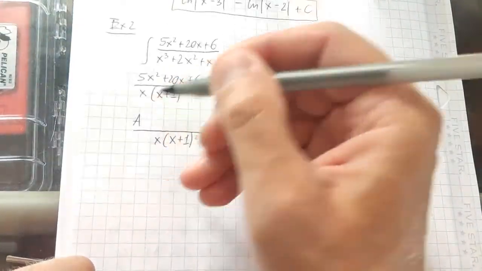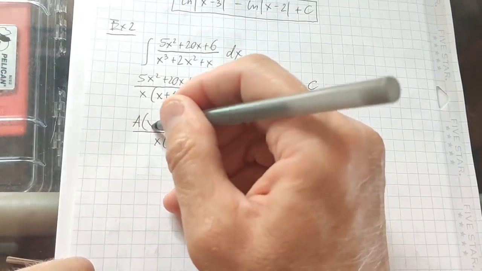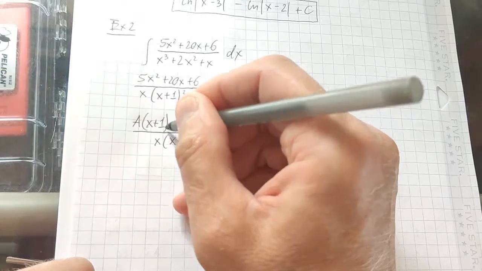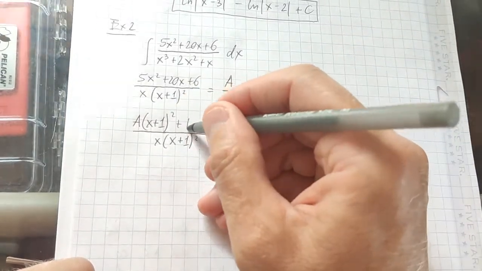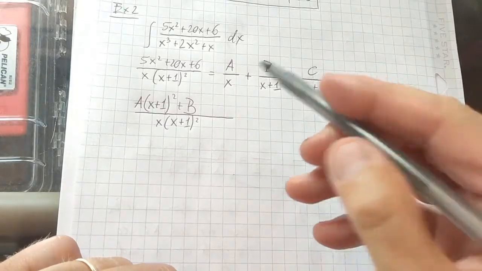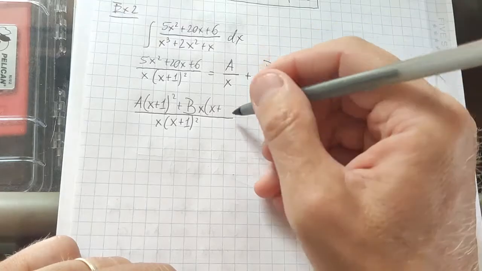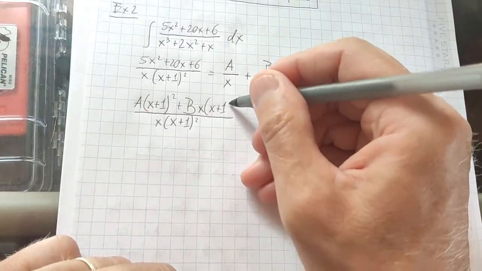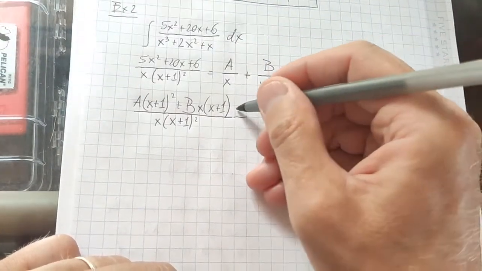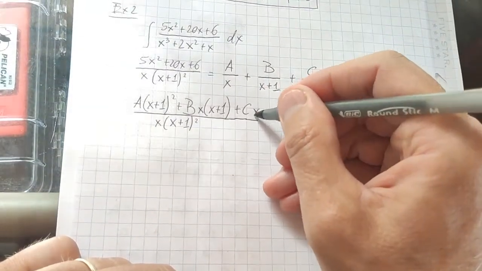So I'll have A times x plus 1 squared. Now let's look at B. B is missing one of those, and x. So B times x plus 1. Okay, and C is missing just x.